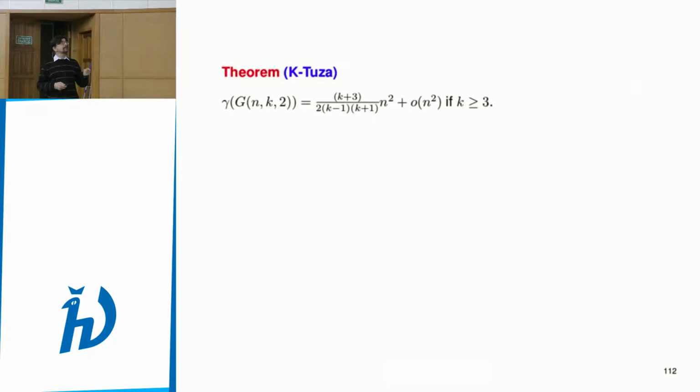So now I was speaking about only when k is 3. So we reached the conjectured bound, but with Tuza, we were able to generalize this for k-element sets also.